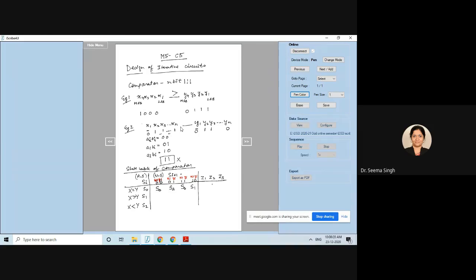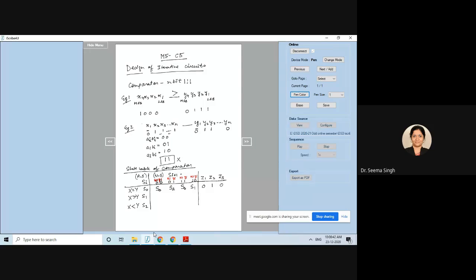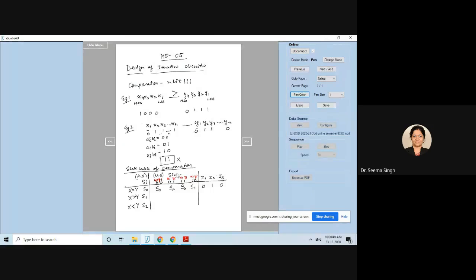So in this case, your Z2 will be high, and your Z1 is denoted high for y greater than x. Y greater than x means which one it was? Z1. So your output is being decided by your present state in this case as of now.